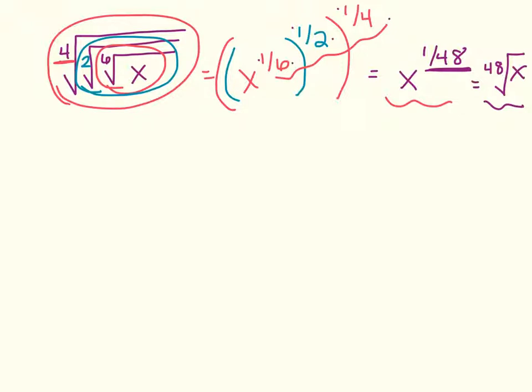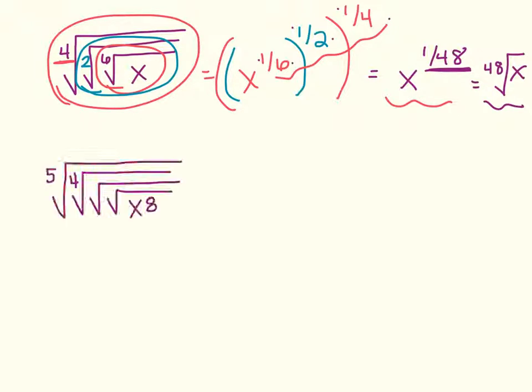Okay, let's try one more terrifying one, just for fun. Here's another good one. So I'm going to start on the inside here. People will approach this different ways, but following the same pattern I did up here, I'm going to say x to the 8th. And then that very first radical doesn't have a number, so remember there's really an imaginary 2 there, so that would be a power of 1/2.